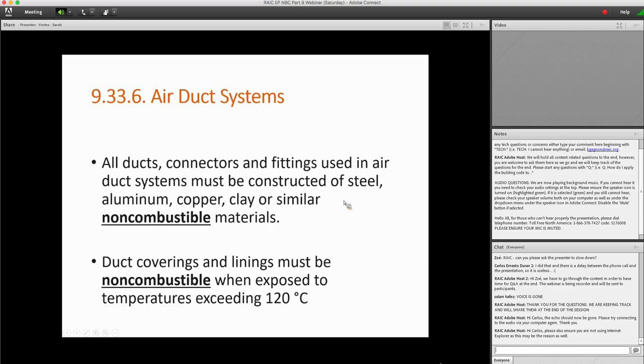Air duct systems within the scope of Part 9 include all ducts, connectors, fittings used in a system. They're required to be constructed of steel, aluminum, copper, clay, or similar non-combustible materials. These coverings and linings, where applied, must be non-combustible when exposed to temperatures exceeding 120 degrees Celsius.